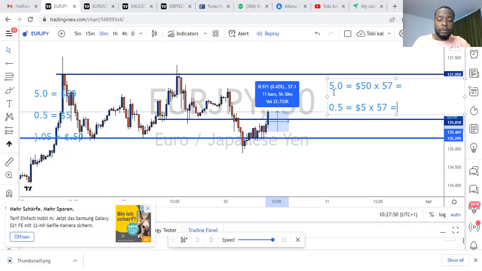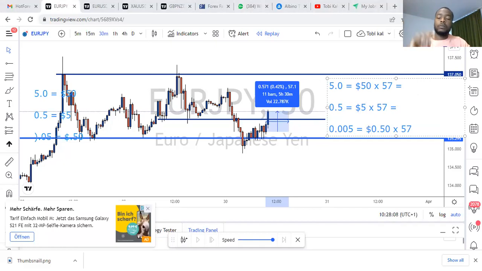Guys, help me with the values, please. Help me with the figures. So what's the first person?